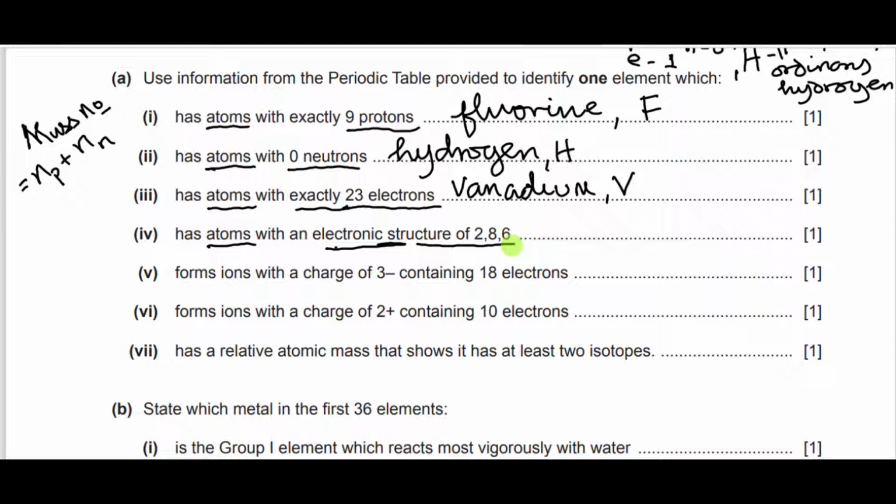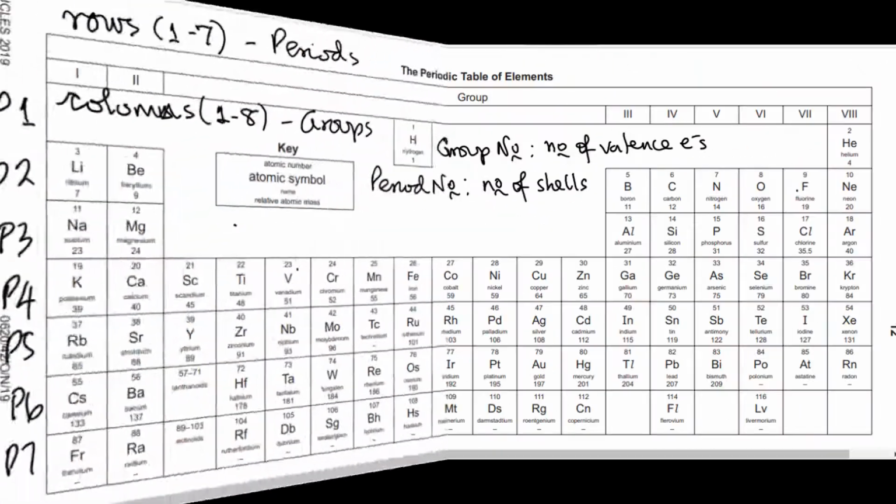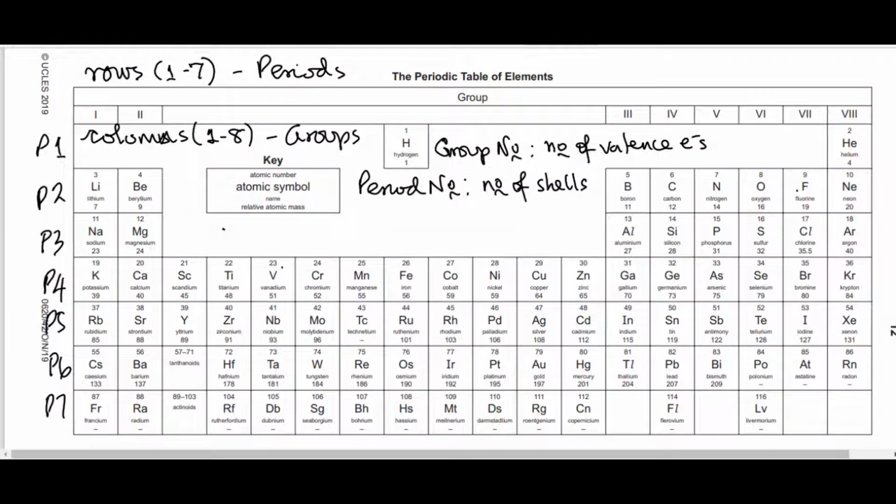So if the electronic configuration is 2.8.6, it means the total number of electrons in the atom is 16 electrons, right? And since it is an atom, it means that it is a neutral particle, and the number of electrons is the same as the number of protons. So if the number of protons is also 16, it means that the atomic number is 16.